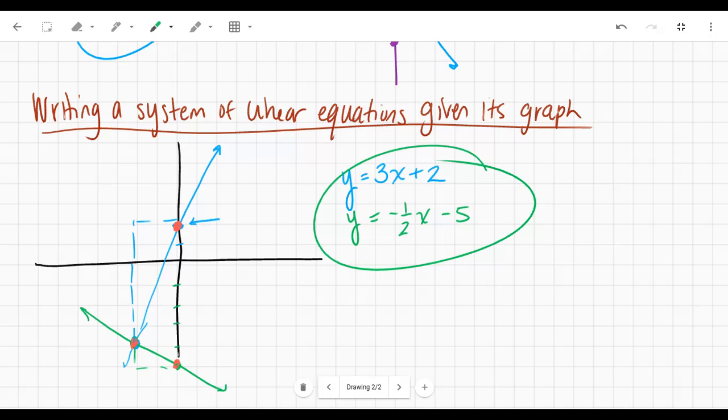Okay, next one. Hold on, lost my spot here. Okay, creating an inconsistent system of linear equations.